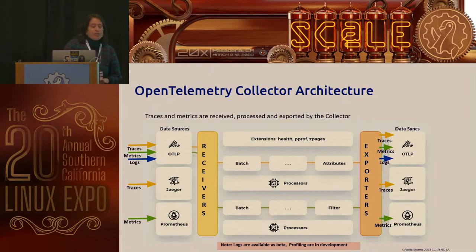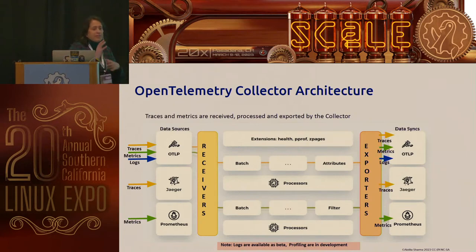Then you have processors, which are typically used for aggregation or pre-aggregation or massaging of the telemetry data that you're collecting before you export it, right? Send it to a backend for a data store. And then you have other types of processors, like for Kubernetes metrics that you're collecting.